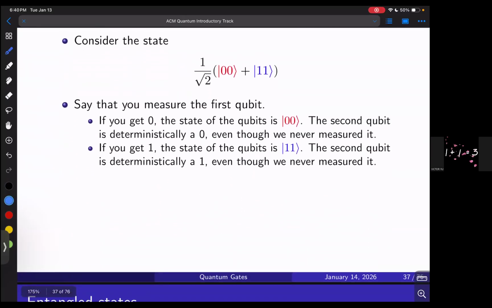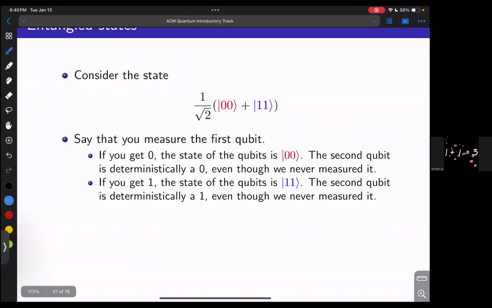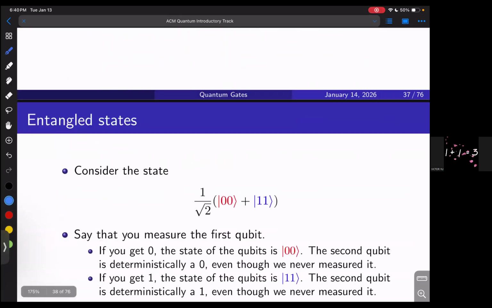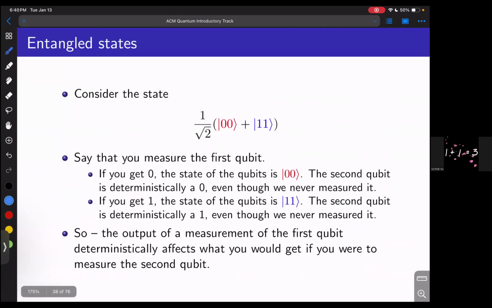And similarly, if we measure a 1, then the state becomes 1, 1. But the second qubit is now 1, but we haven't actually measured it. So what's going on here? This is pretty much what entanglement is. So the measurement of the first qubit somehow allowed us to determine what the first and second qubit are. So if we were to measure a 0 on the first qubit, we know that the second qubit's also in 0, and vice versa.